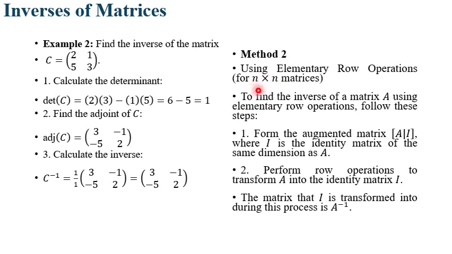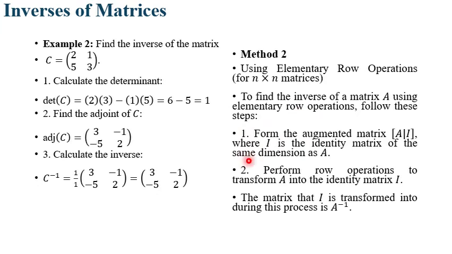Maybe I just don't like writing m, or I just simply interchange them at times. Please don't mind that avoidable error there. So now to use this method, we find the inverse of a matrix A using the elementary row operation by following the steps.